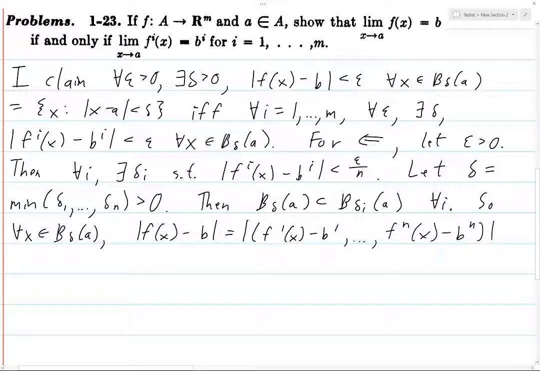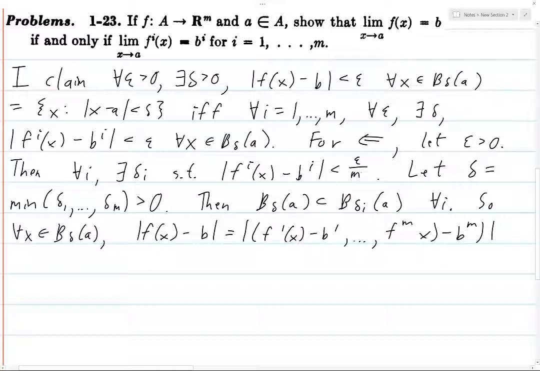But anyways, we're just rewriting this f of x minus b. Since these are elements in R^m, we can write it component-wise. Here, these should be m's. I wrote n when I wrote up this solution, so if I ever write an n, I mean m.